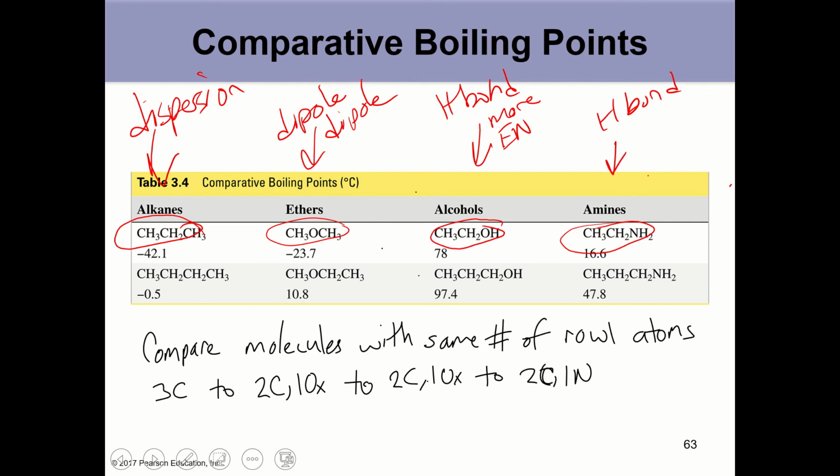So the relative polarity of an alcohol is greater than the polarity of the amine. It has a higher boiling point because it is more polar than an amine.